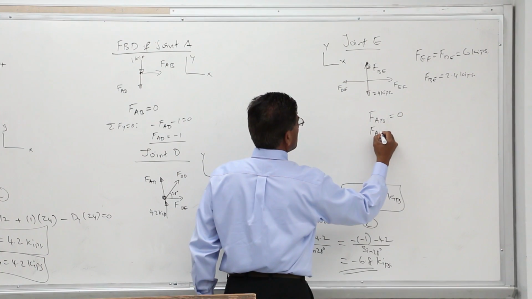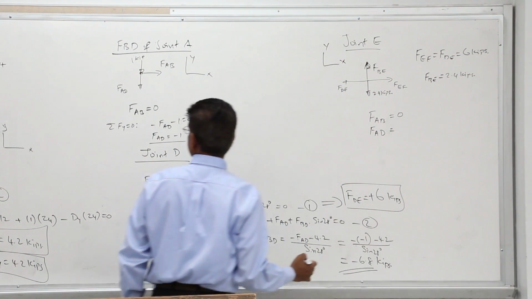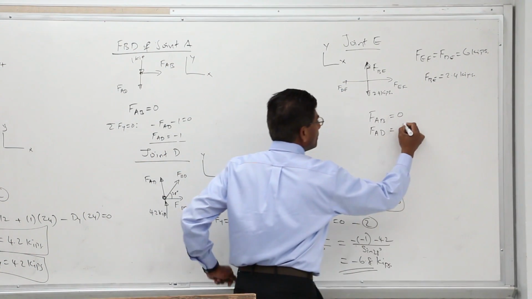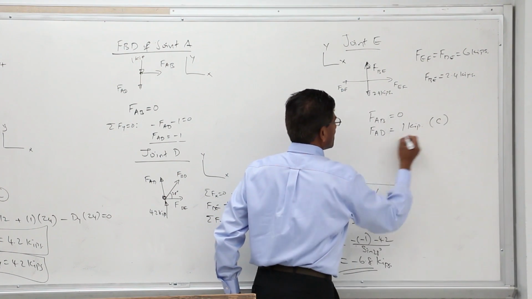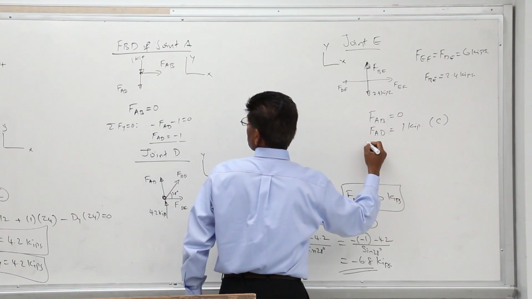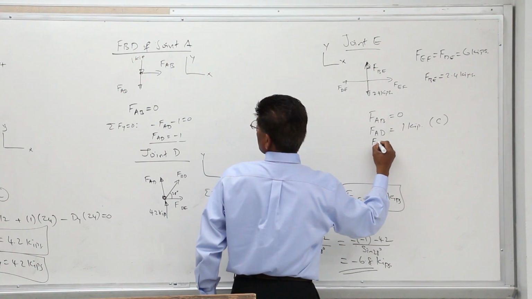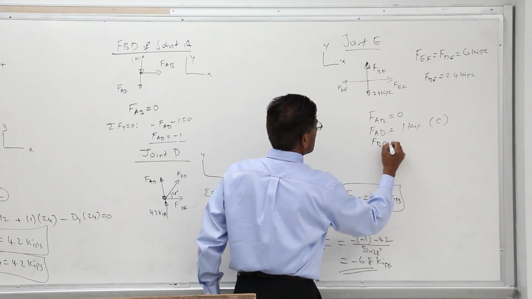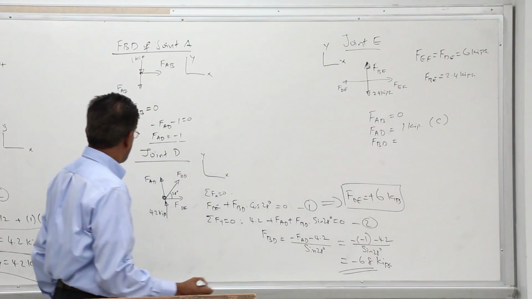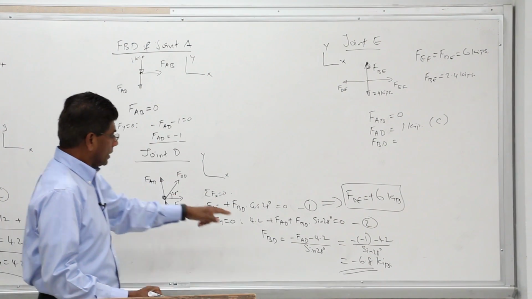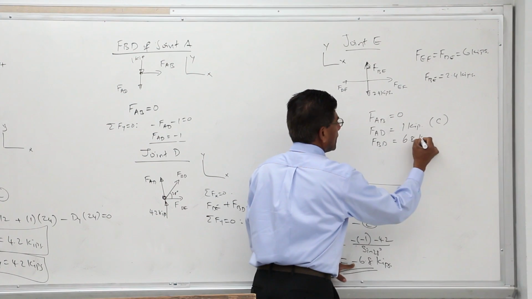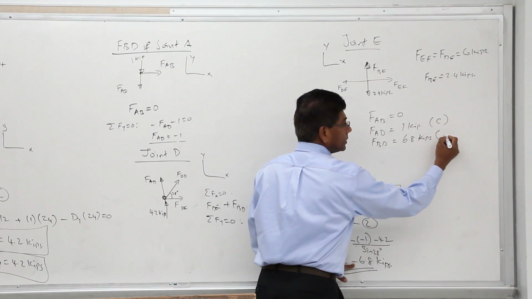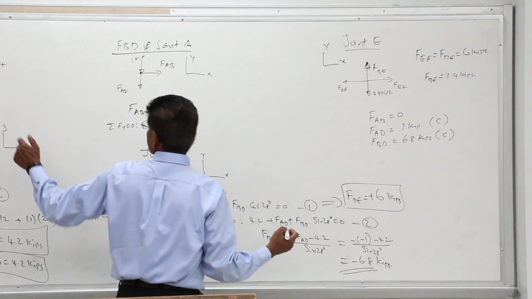Member AD equal to what? 1 kip. 1 kip is a tension or compression? Compression. Then member BD equal to what? Did we do that? Negative 6.8 kips. So I'm going to write 6.8 kips. Tension or compression? Compression.